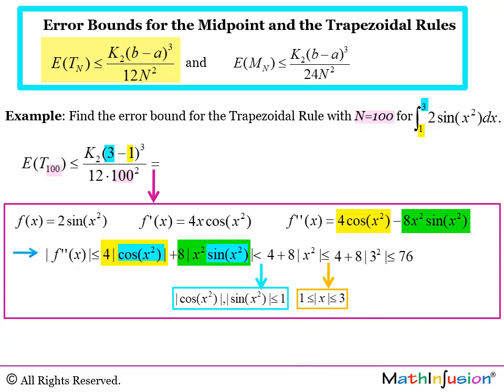It means that to bound that from above, which means to get something that is at least as large as this, we have to replace x by 3. And we get that the upper bound of the second derivative in absolute value is 76.